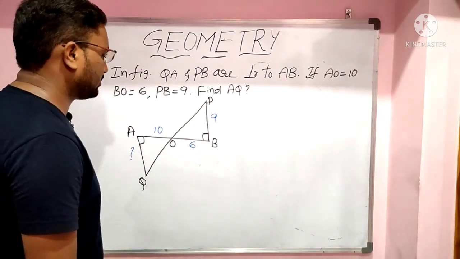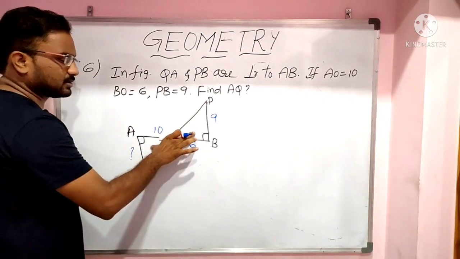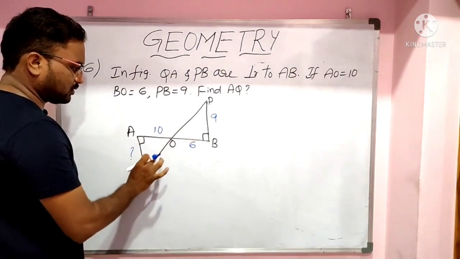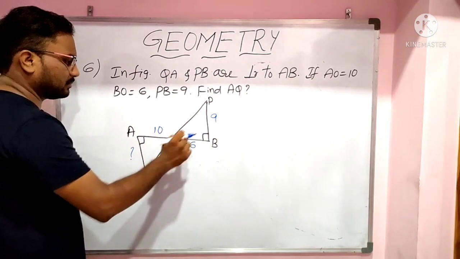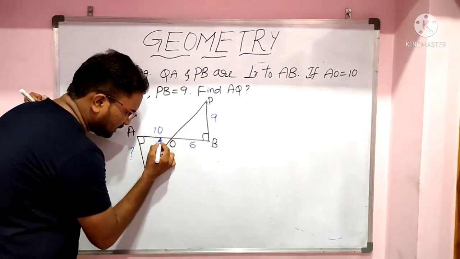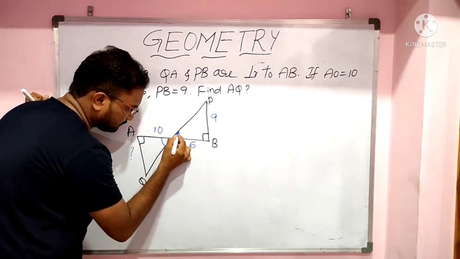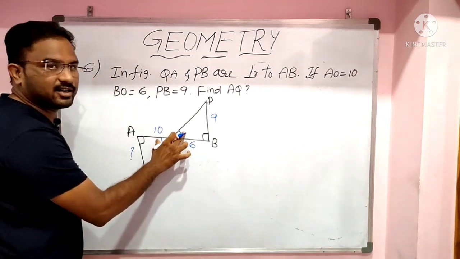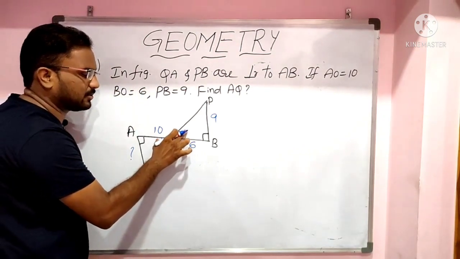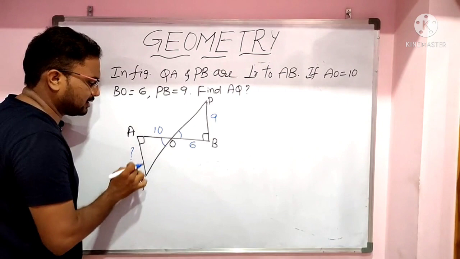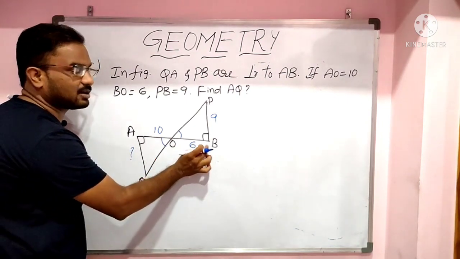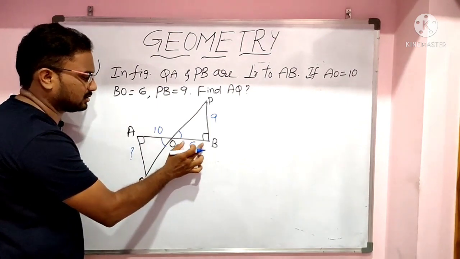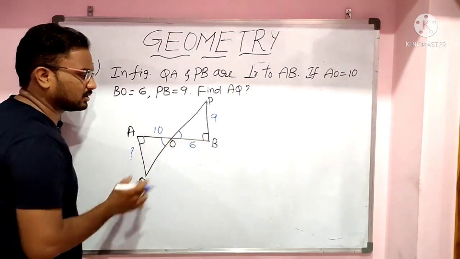Okay, so if you observe these two triangles, triangle AOQ and triangle POB, here this angle and this angle both are equal because these two are vertically opposite angles. Vertically opposite angles are equal. And in this triangle angle A and in this triangle angle B, both are 90 degrees, so both are equal.